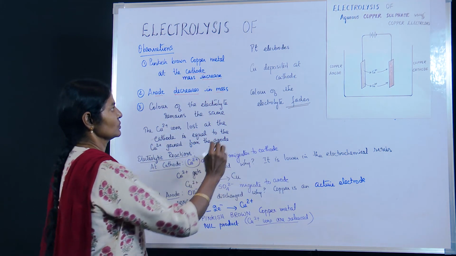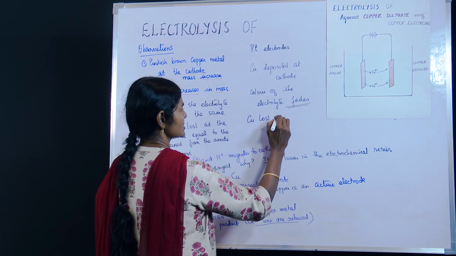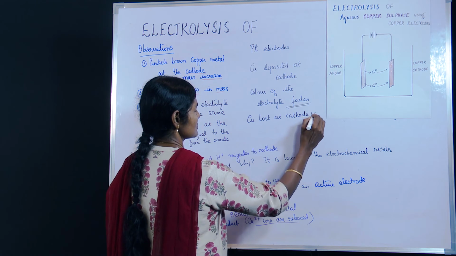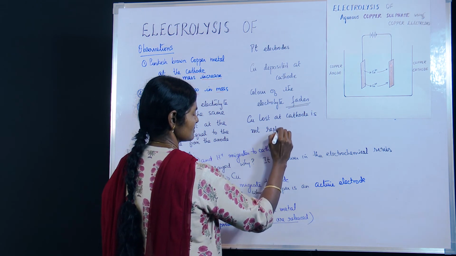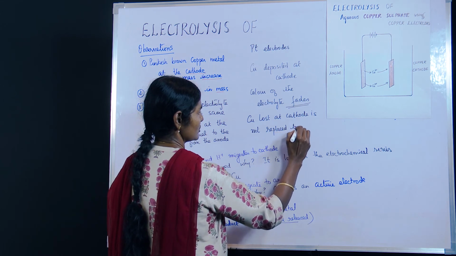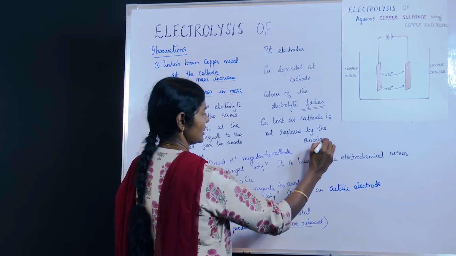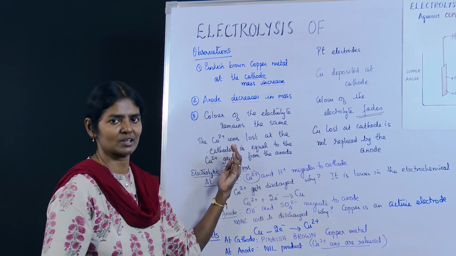Okay. So, copper lost at cathode is not replenished or replaced by the anode. This is one important difference that we have when we use platinum electrodes and copper electrodes.